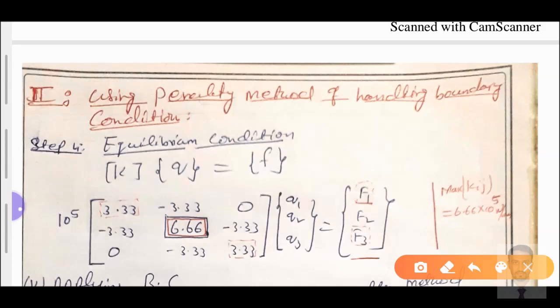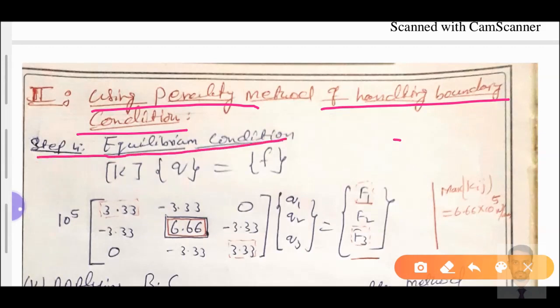Similarly, I will use a second method, the penalty method of handling boundary conditions. We need to find the displacement and the reaction force. Now step number 4, the equilibrium condition, remains the same.